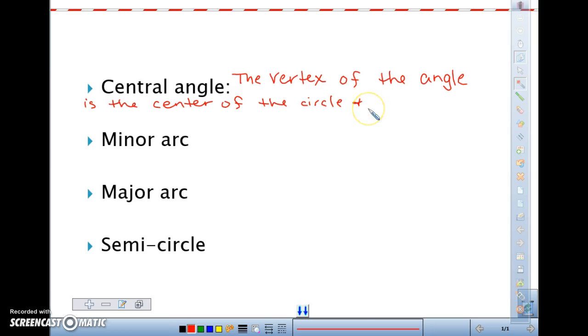And the sides of the angle are the two radii.